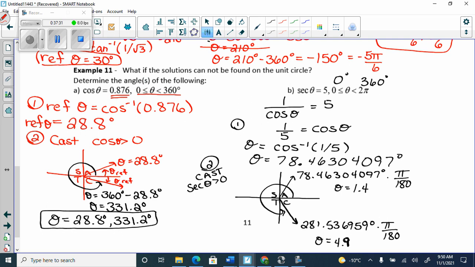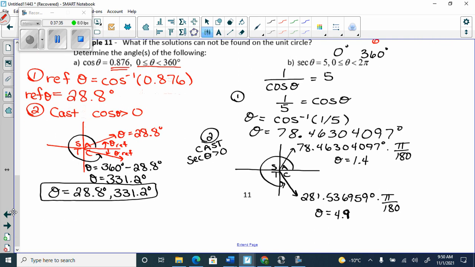There's a rough spot on the board right there. Now, if you just did it in radians, you would get 1.4 here anyways, right? And then you'd go 2 pi minus 1.4 and you get 4.9. Okay, so theta is 1.4 and 4.9.